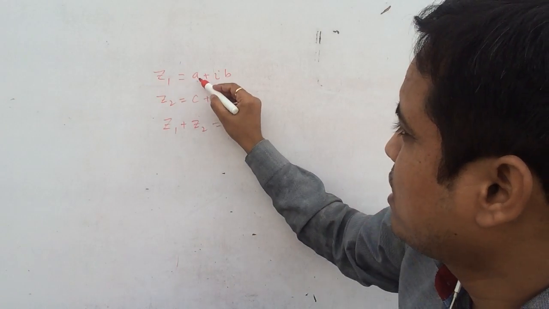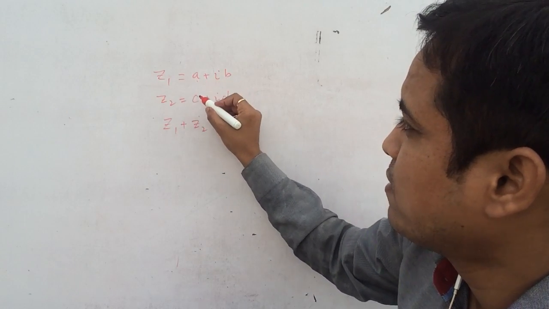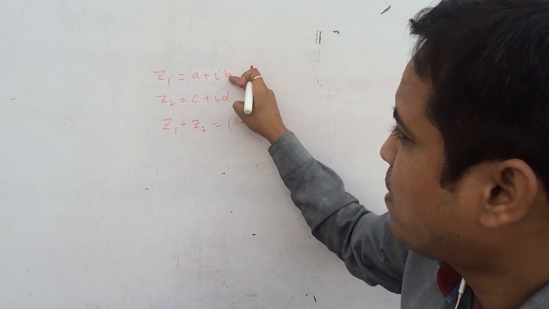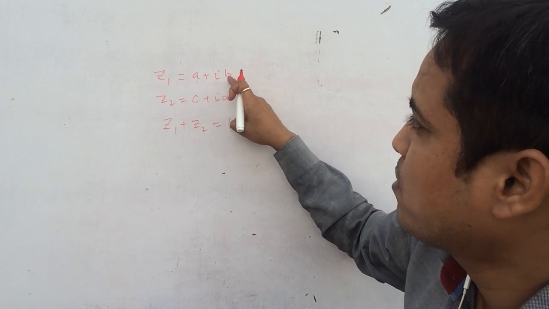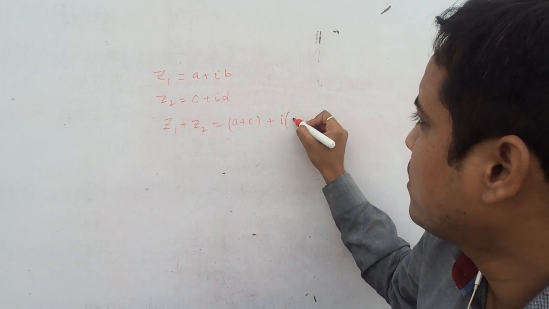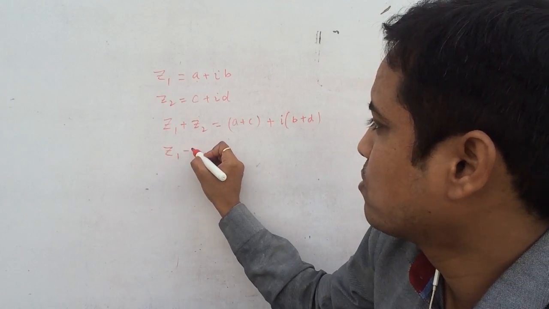The real part is this, a plus c. Okay, a plus c like this. Real part will be added to real part, plus imaginary part will be added to imaginary, means iota b plus iota d. You can take iota common, it would be iota times b plus d. Same, you can subtract it also like this.